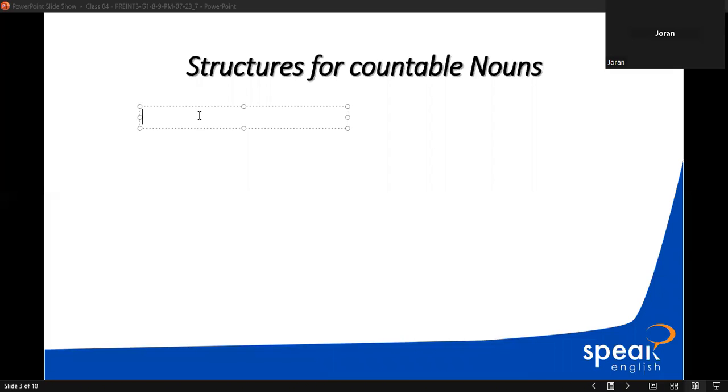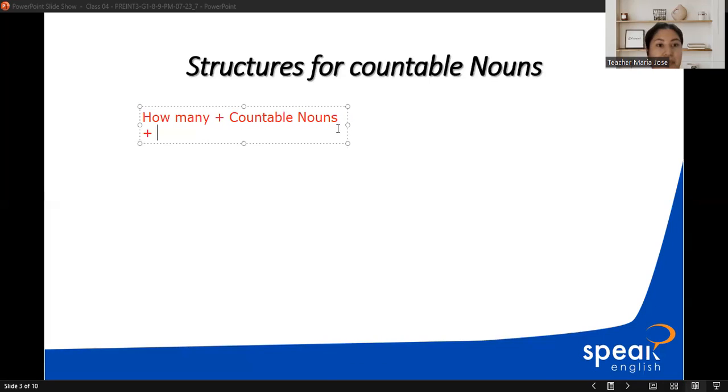The structure of the sentences that we studied yesterday, that we have studied these days. What is the structure for the questions for countable nouns? Okay. How many plus countable nouns plus are there? Okay.